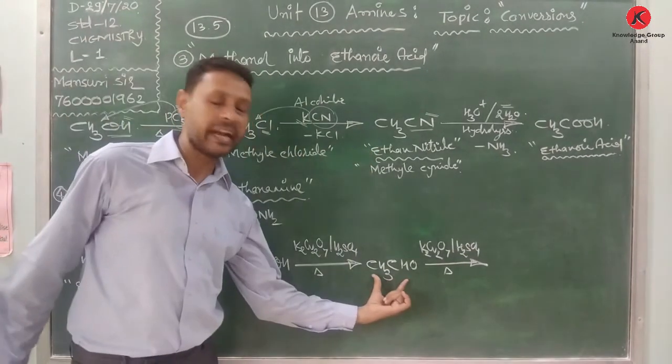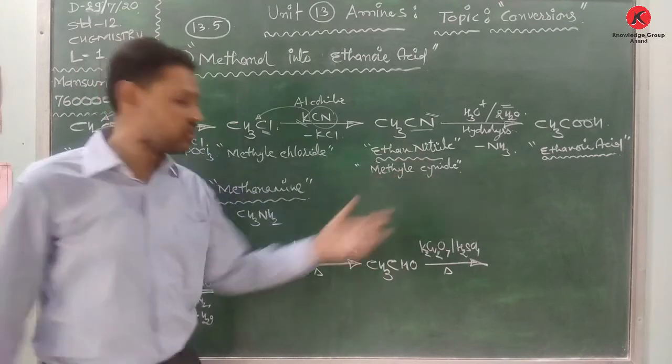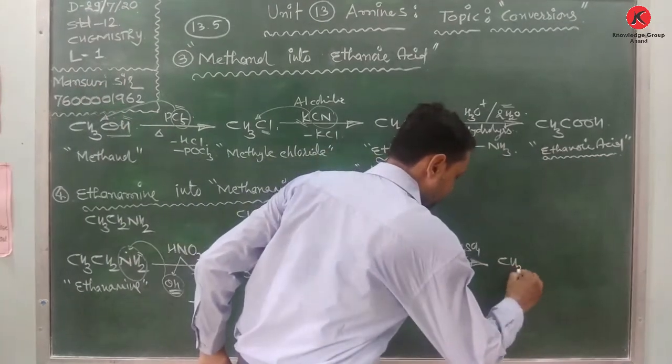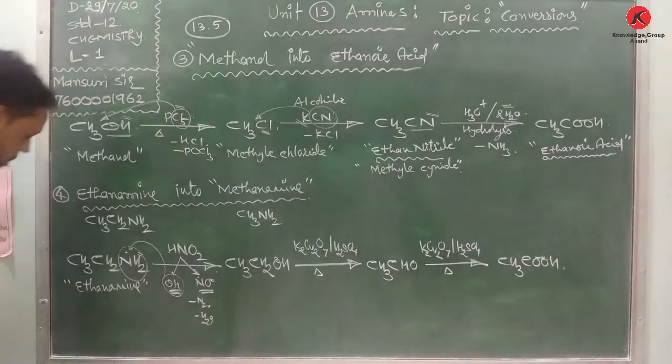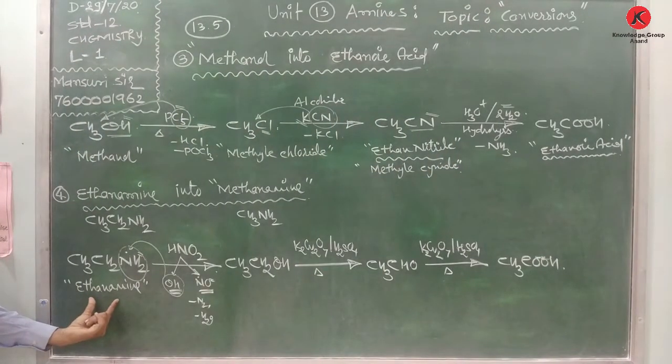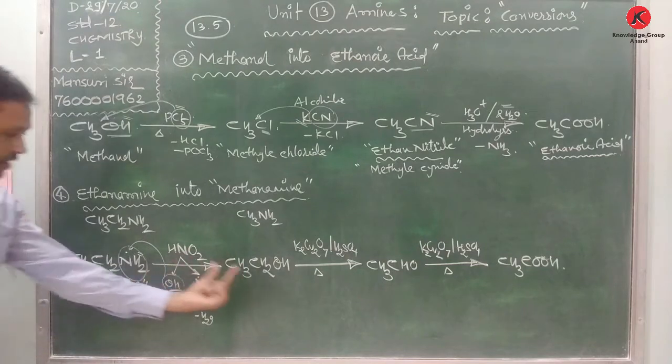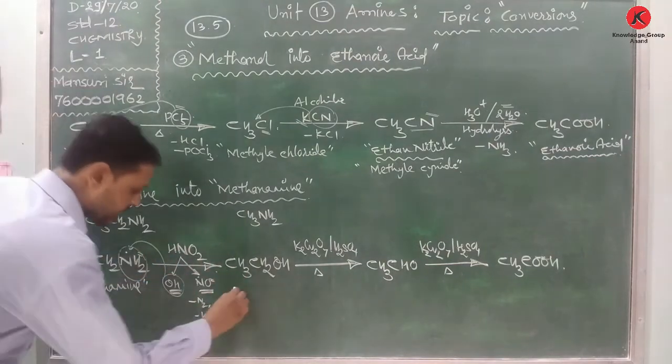Now this aldehyde is converted into carboxylic acid, so CH3COOH will be formed. So ethanamine is converted to ethanol by using nitrous acid.